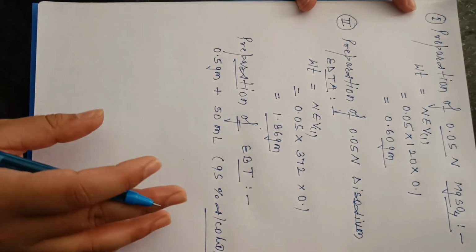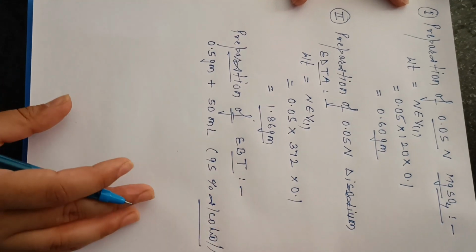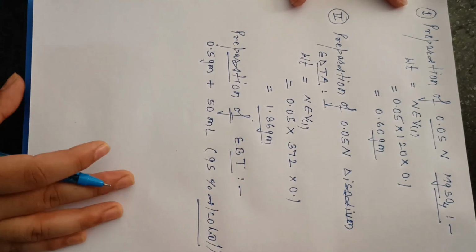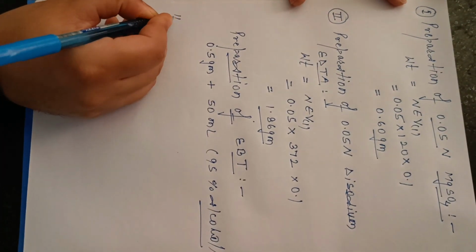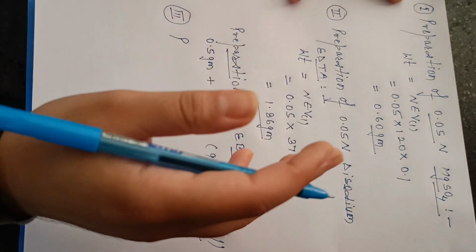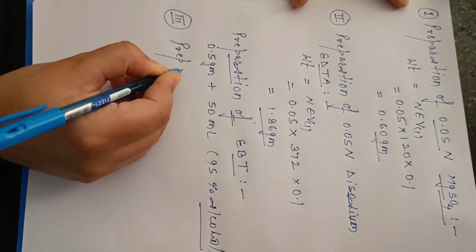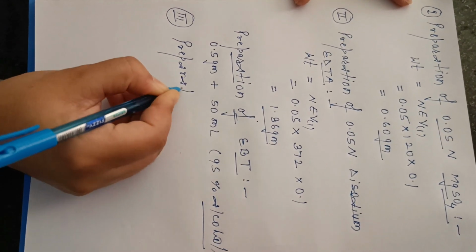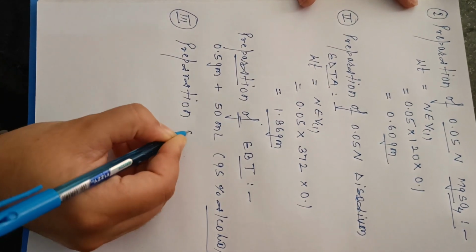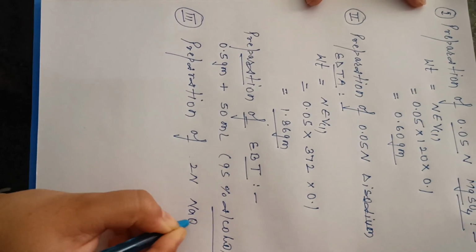Now the last step: we also have to prepare the base that we use for neutralizing in this titration. So it will be the preparation of 2 normal NaOH.